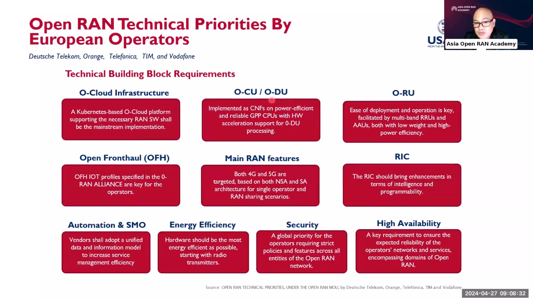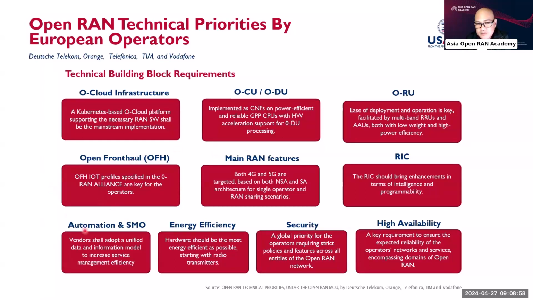For the OCU and the ODU, they are implemented as CNFs on power efficient and reliable GPP CPUs and with hardware acceleration support. For the ORUs, there are also different specifications like the frequencies, the multibands, or for the definitions of specifications for the AAUs as well.